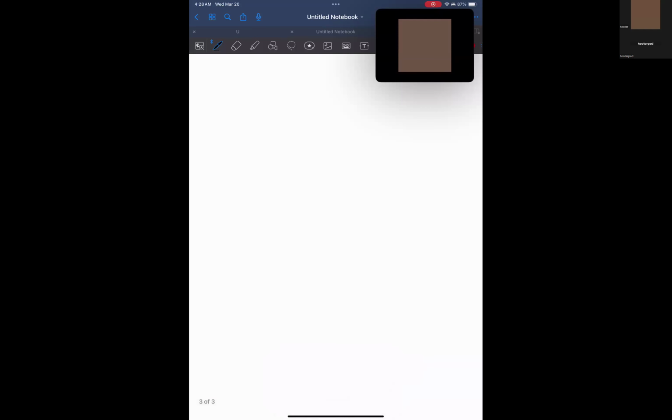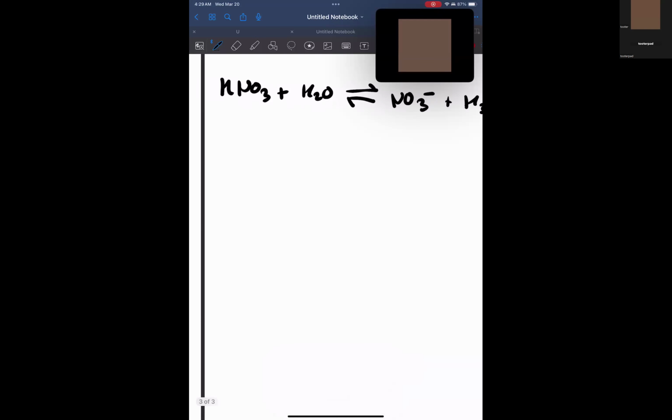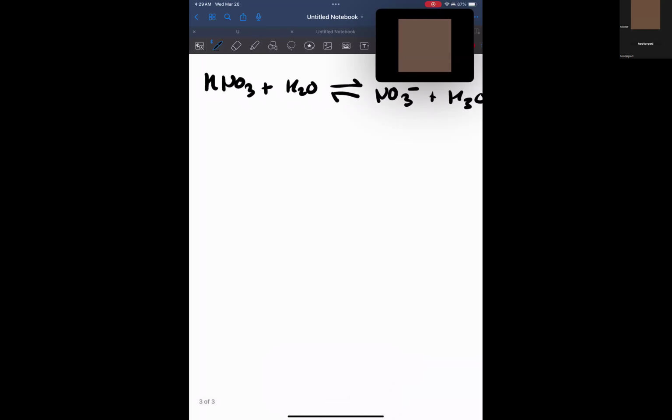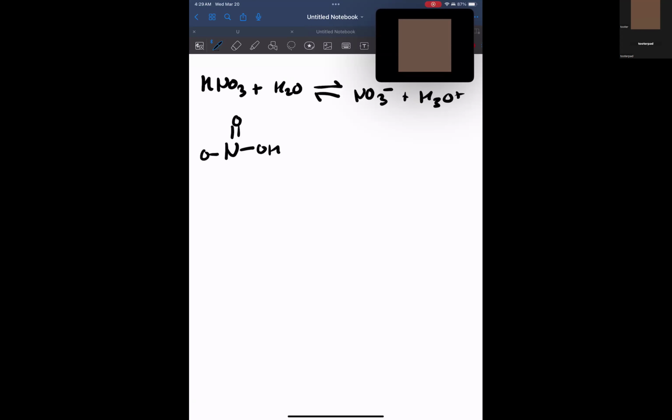So the first problem was HNO3 plus H2O yields NO3 minus plus H3O plus. Let's see here. As you can see here, this nitrogen is gonna be bonded to three things, right? Oh, actually, it's gonna be bonded like this.